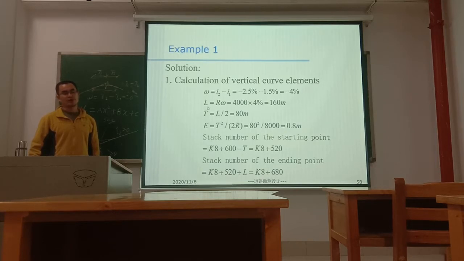L is the length of the vertical curve, equal to R multiplied by omega, 160 meters. T is the tangent, the length of the tangent line, equal to a half of L, half the length of the vertical curve.